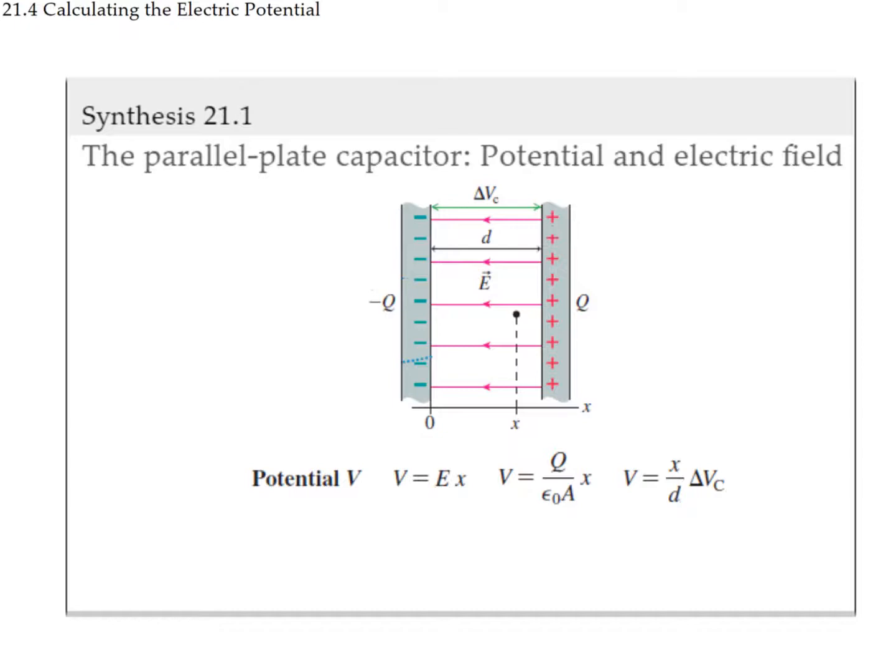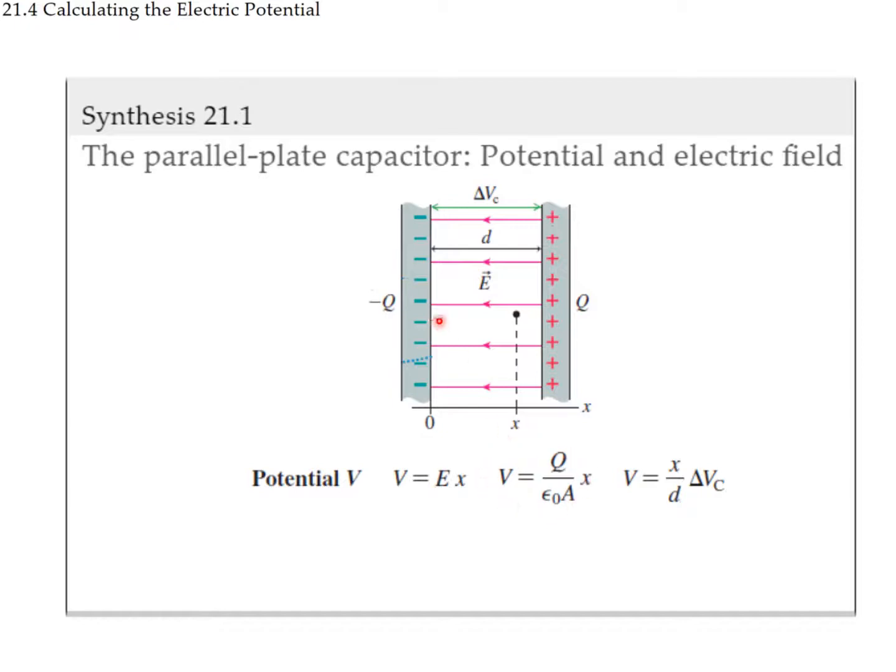Synthesis. The plate capacitor has electric potential and an electric field. The electric potential of the points inside the capacitor will be given by this, where x is the distance to the negative plate, and the field in between is going to be given by the charge divided by the area divided by epsilon zero. So the voltage at any point x is going to be given by that.